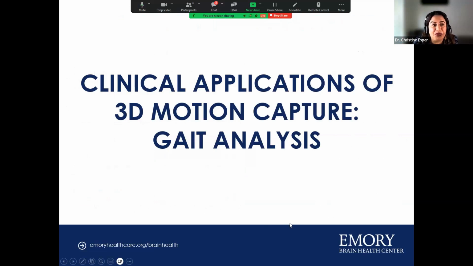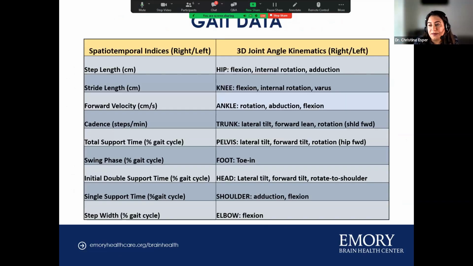Next, I'm going to move on to some clinical applications of gait analysis in the 3D motion capture lab. Here I've outlined some of the data we can obtain through the 3D motion capture lab.